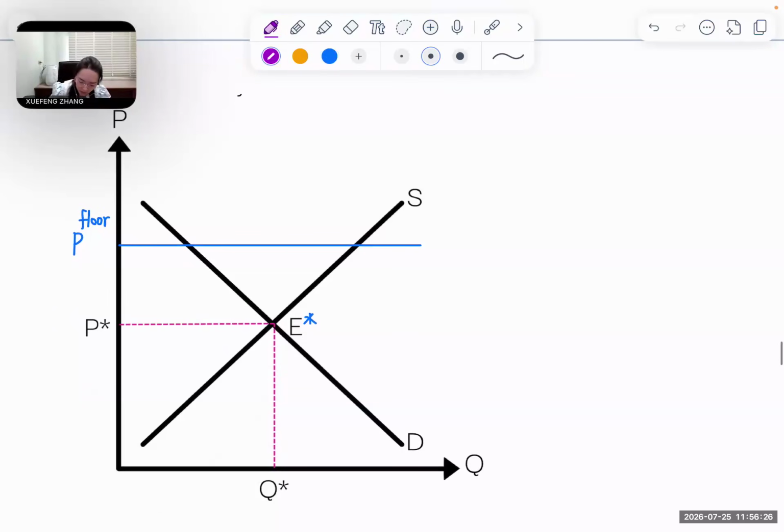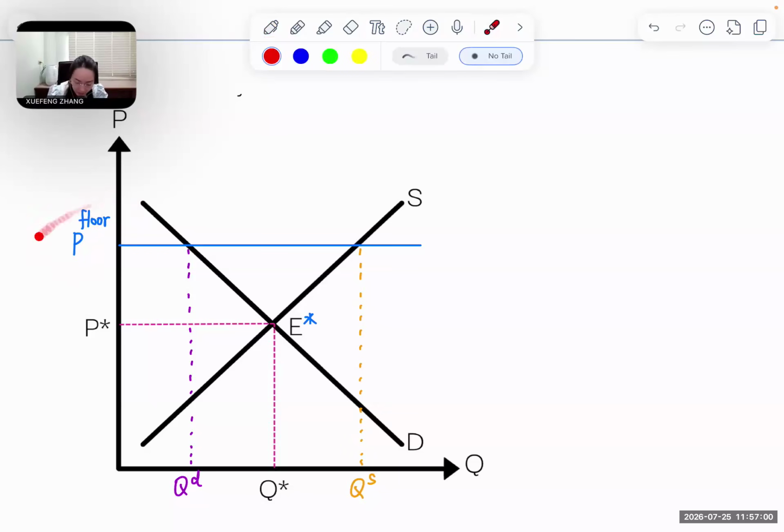So here is the quantity supplied. No, sorry. Here is the quantity demanded, right? Because it's from the demand curve. The other way around, this one. This is the quantity supplied.